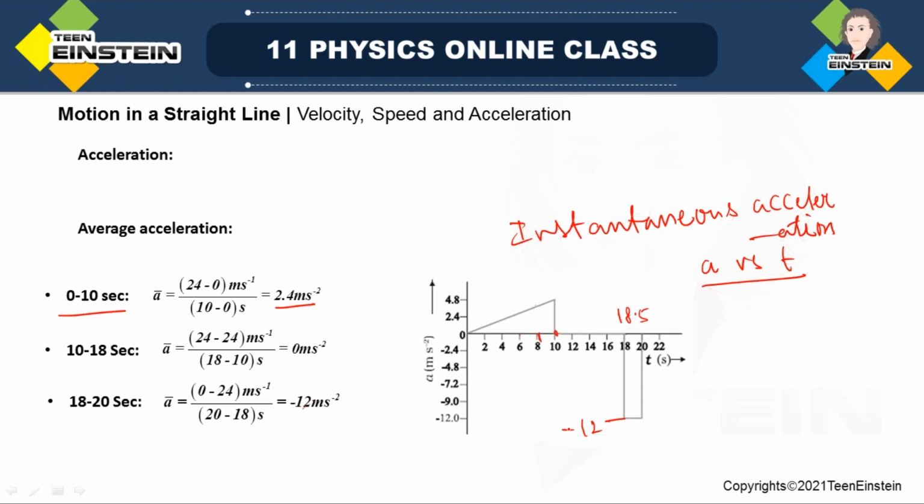And what is the acceleration at 20 seconds? When you go from 18 to 20, you are just reducing the interval. When you come from 19.95 to 20, till this time you have minus 12 meter per second square instantaneous acceleration. Even at this instant you have this much acceleration, but exactly at 20 second it becomes 0.